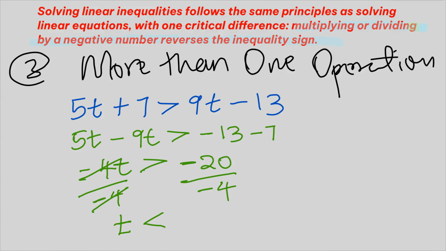After reversing it, now we can simplify this one. Negative 4 over negative 4 is 1. Then here we have positive 5. When you divide two negative numbers, you get a positive number. So here we have our 5. T is less than 5.